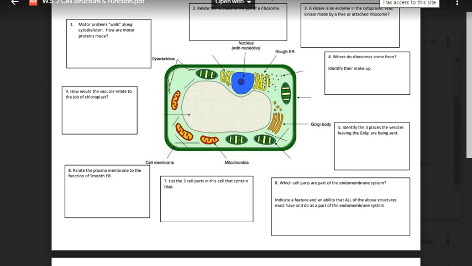So anything that is a single phospholipid bilayer that can send and receive molecules using vesicles is a member of the endomembrane system. It's like an exclusive club. You have to be able to do something to be in the endomembrane club. Endo means inside, membrane means they are inside structures that are made of a membrane, and they can send and receive vesicles. Okay?